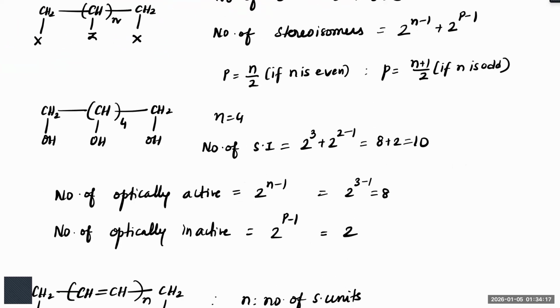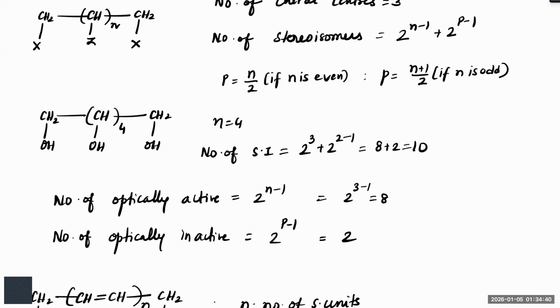For example, if you have CHOH four times, which means there are four chiral centers present. In case of these four chiral centers, when n is equal to 4, the number of stereoisomers will be 2 raised to power of 3 plus 2 raised to power of 2 minus 1. Okay. Why 2 minus 1?